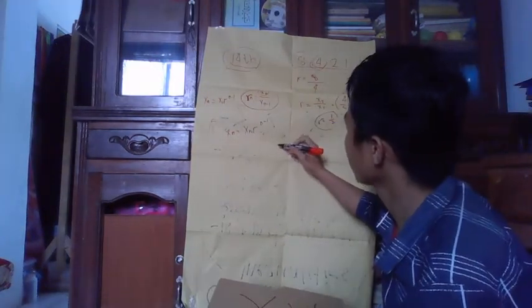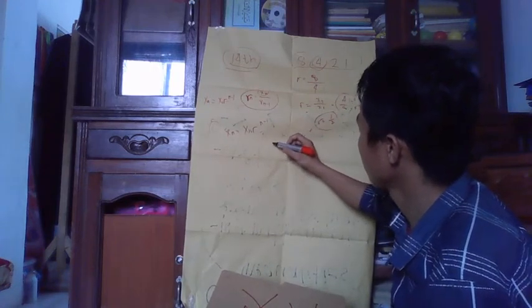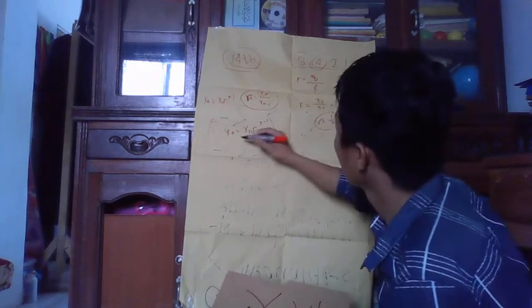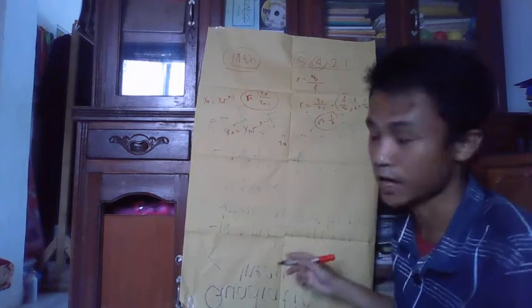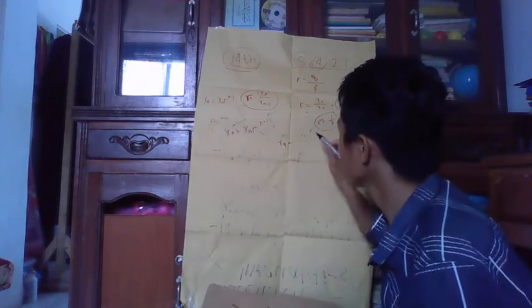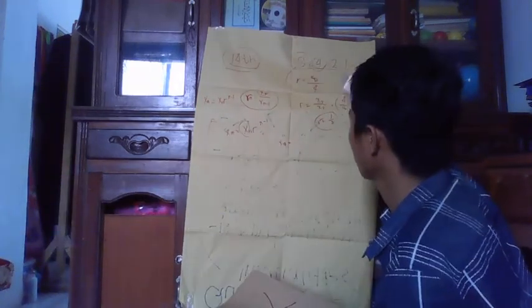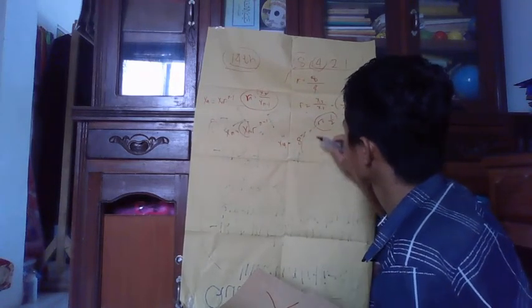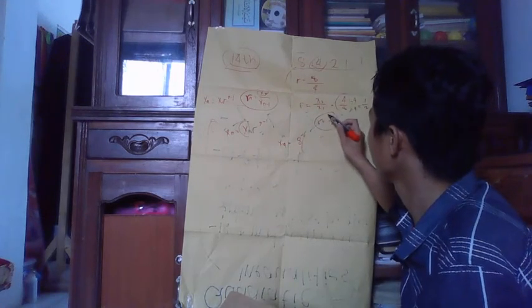So, let's substitute our numbers. Our x sub n is x sub 14, right? Next, what is our x sub 1? X sub 1 is 8. Times, what is r? Our ratio is 1/2.